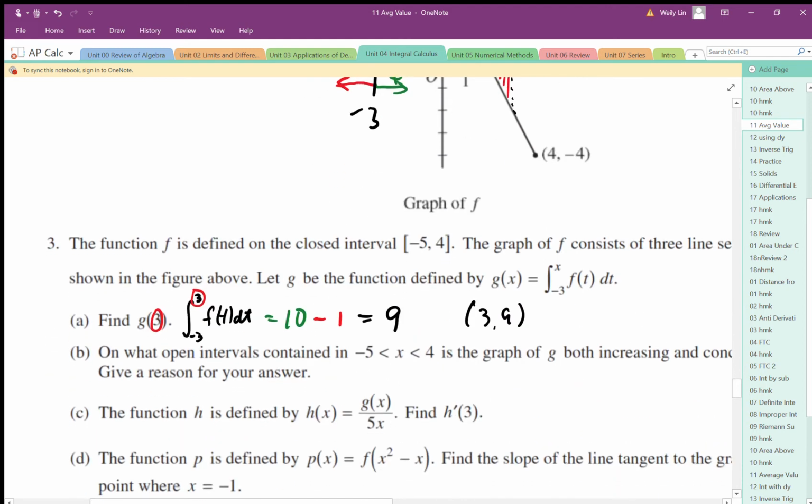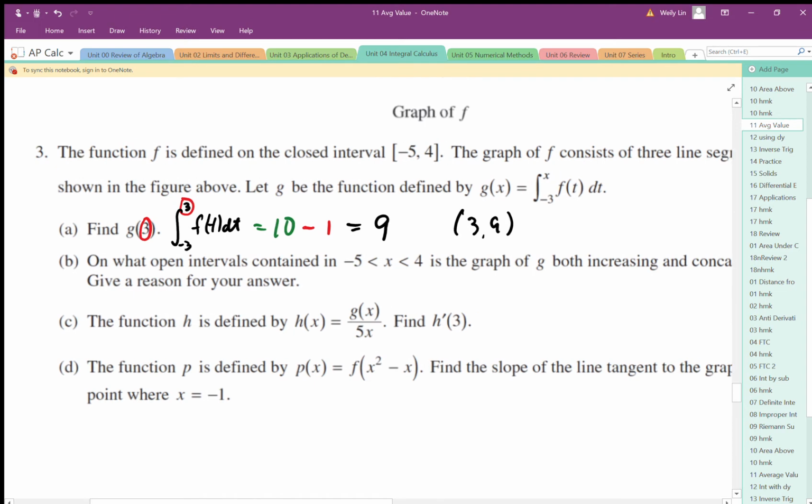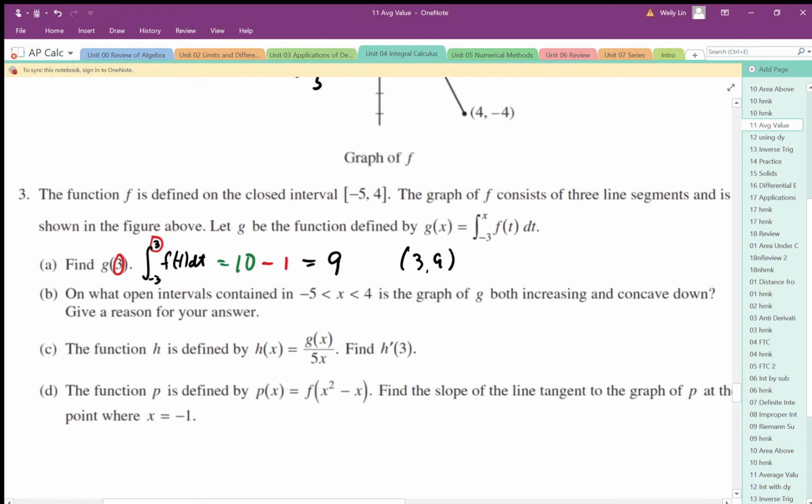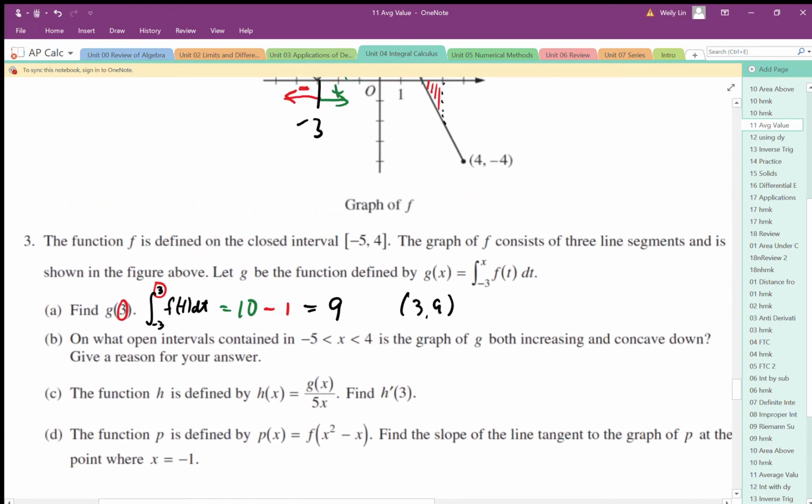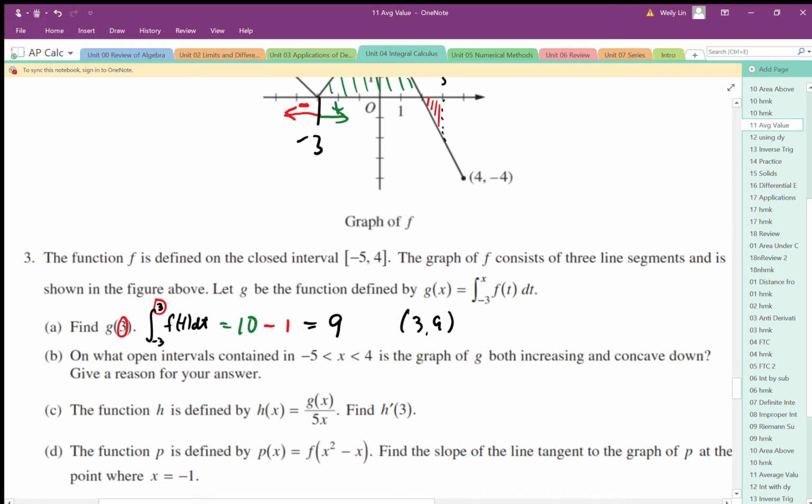For part B, it says, on what open intervals is the graph both increasing and concave down? That means, what's happening on g prime? If g is increasing, g prime is positive.